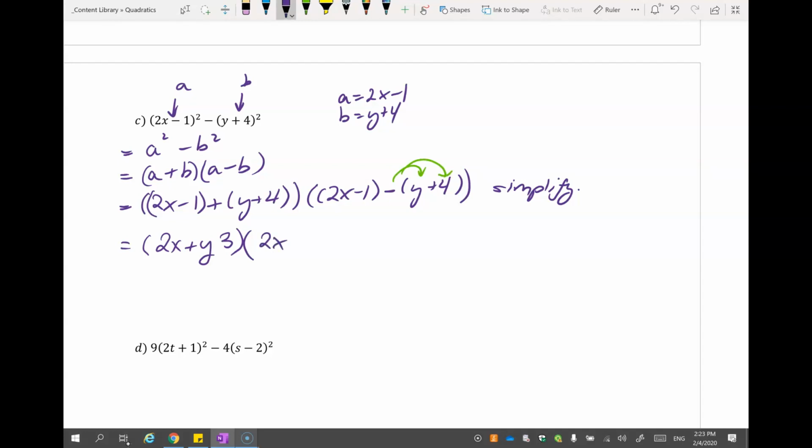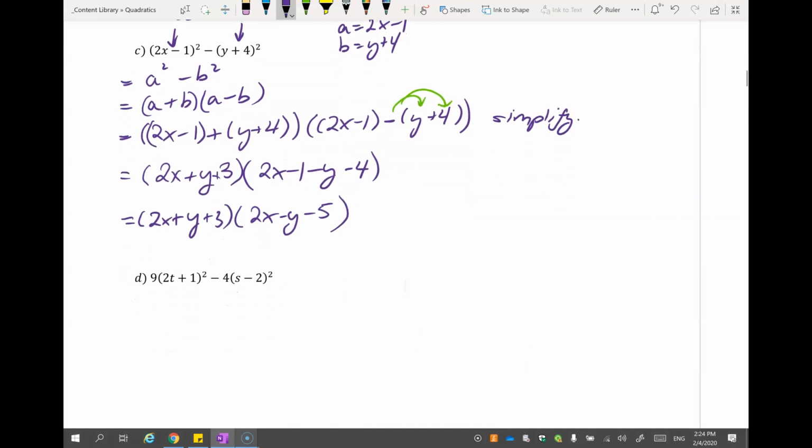So that's 2x minus 1 and then minus y minus 4. So that negative goes into the y and the negative goes into the 4. So we have 2x minus y, -1 minus 4 is -5. Then we're done there.